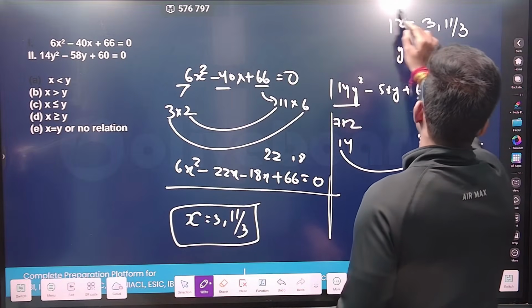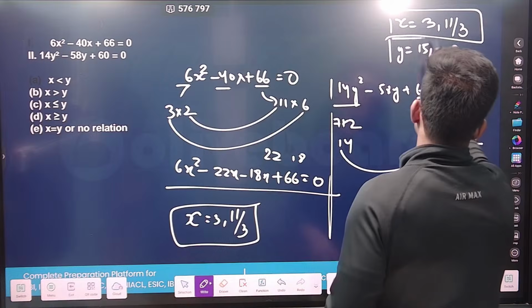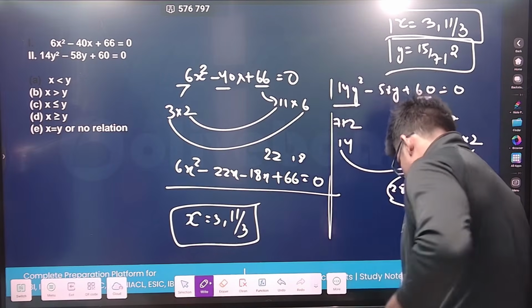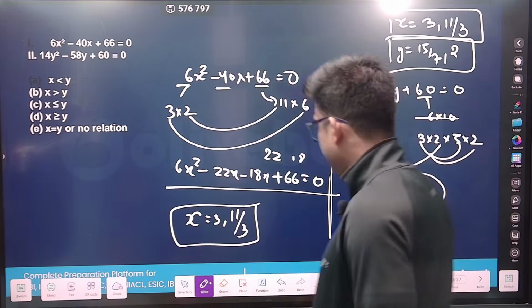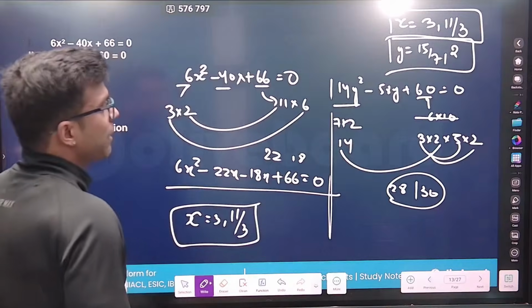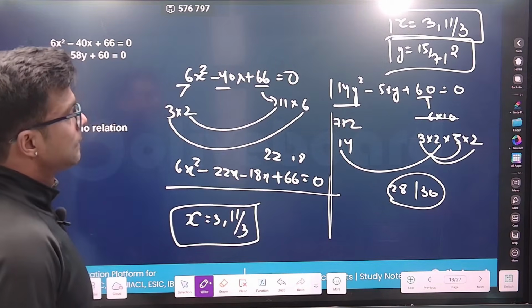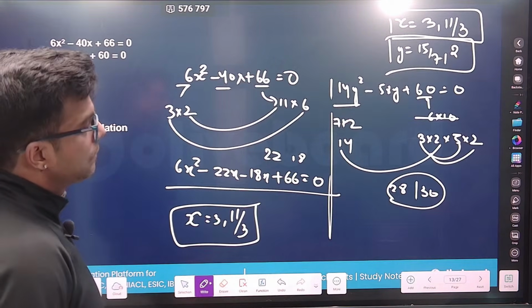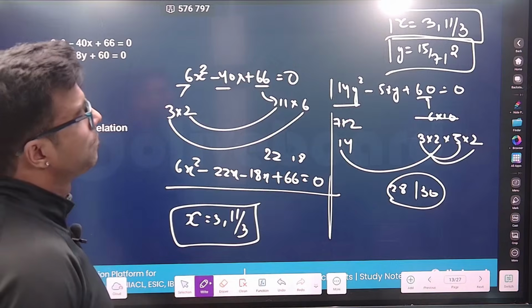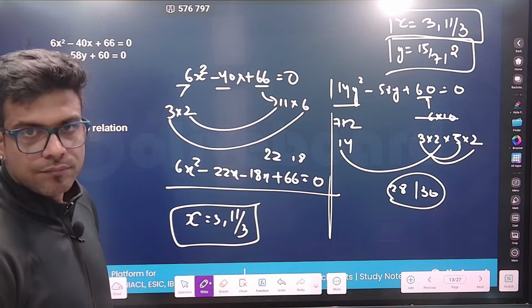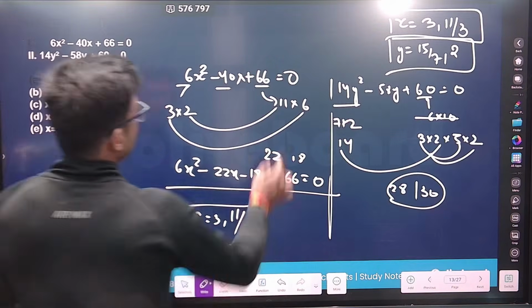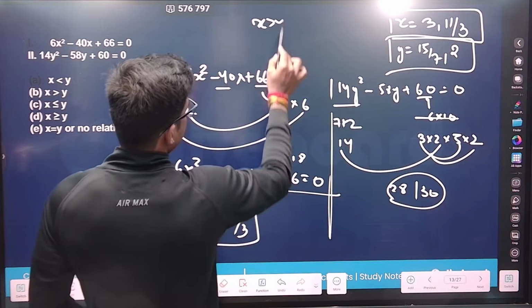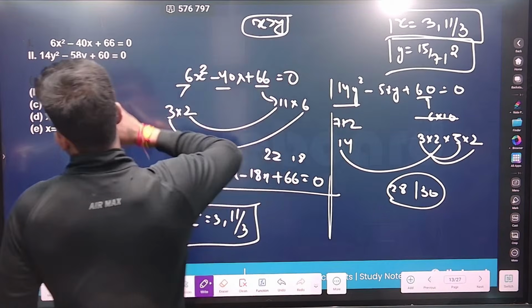Fine, makes sense? These are two values. If these are the two values, can you just compare which one is greater? 3, 2. Which one is greater? No doubt, x is greater than y. Option number B is correct.